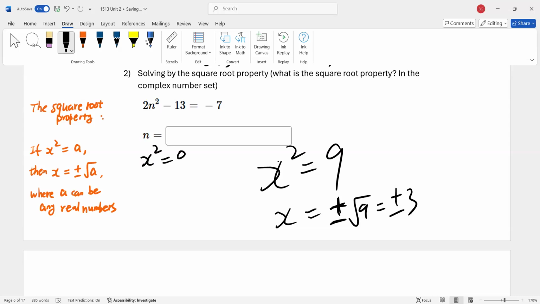The number on the right side could also be 0. In that case, the property still applies. We have x equals plus minus root 0, and root 0 is 0. So x equals plus minus 0, and positive and negative 0 is 0.